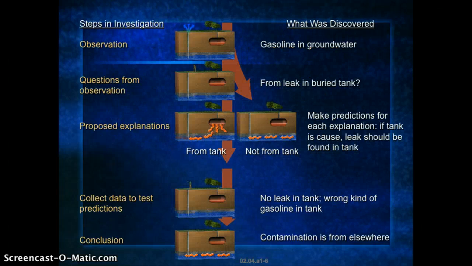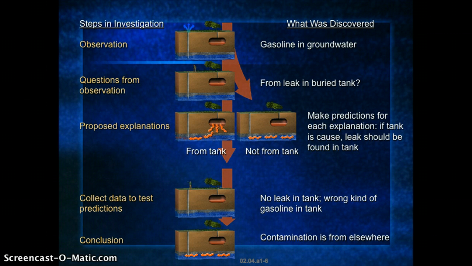In science, we approach things in a very methodical, specific way, and some people call this the scientific method, or the scientific way of doing things. There are a number of steps that we tend to go through in this process.